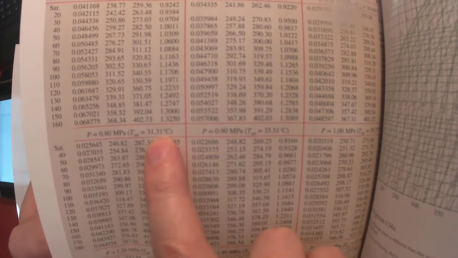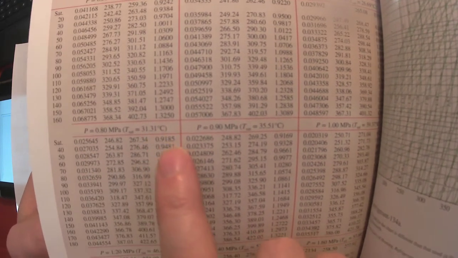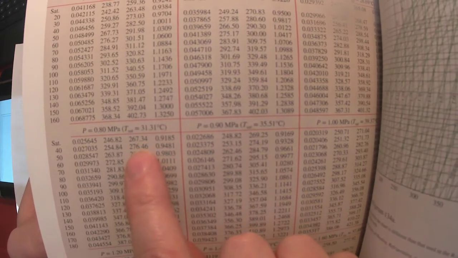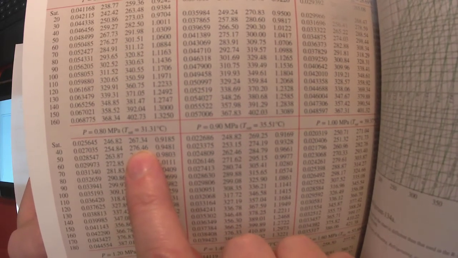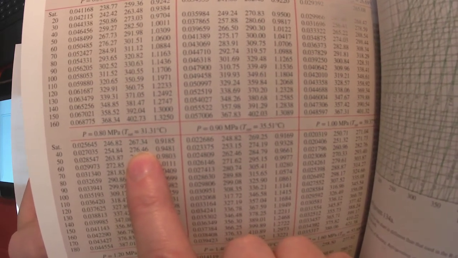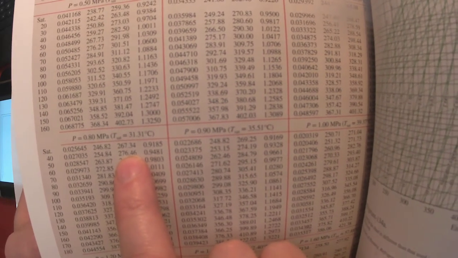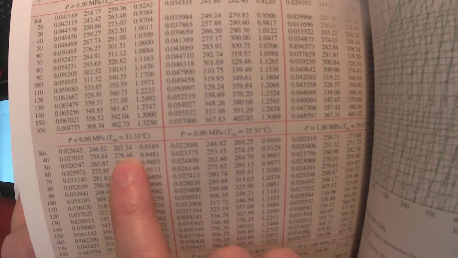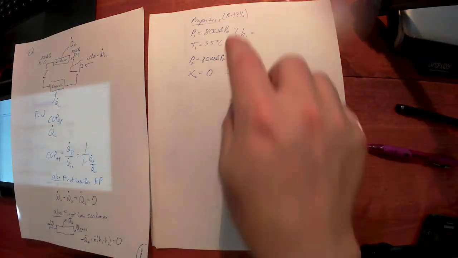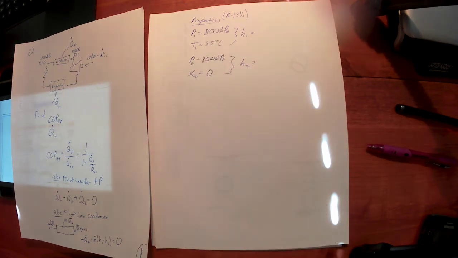It boils at this pressure at 31 C. We're at 35, so I'll need to interpolate between these two H values. So my H value is going to be about 270 something. That'll give me my H value at the inlet. Because I've got 35 degrees, I don't have a row in my tables for 35. I'll have to interpolate that.